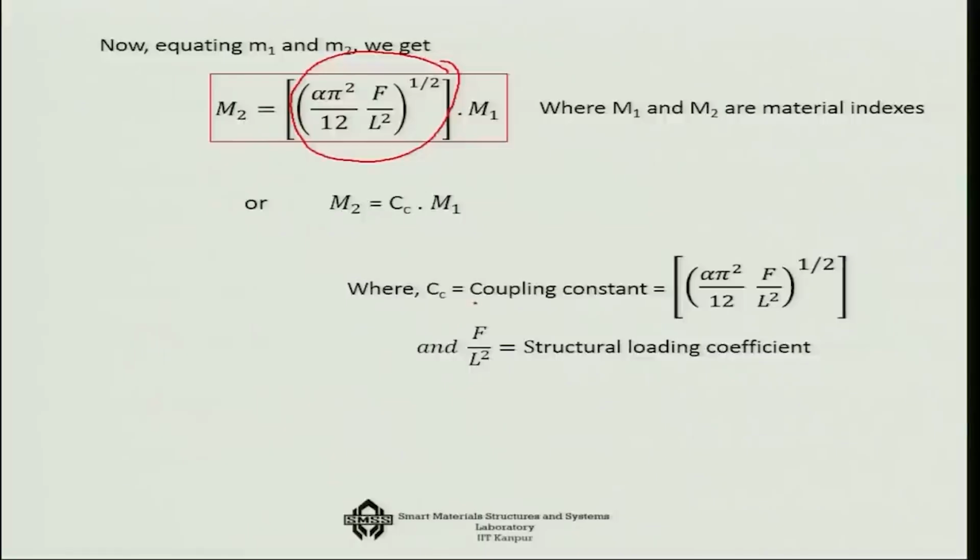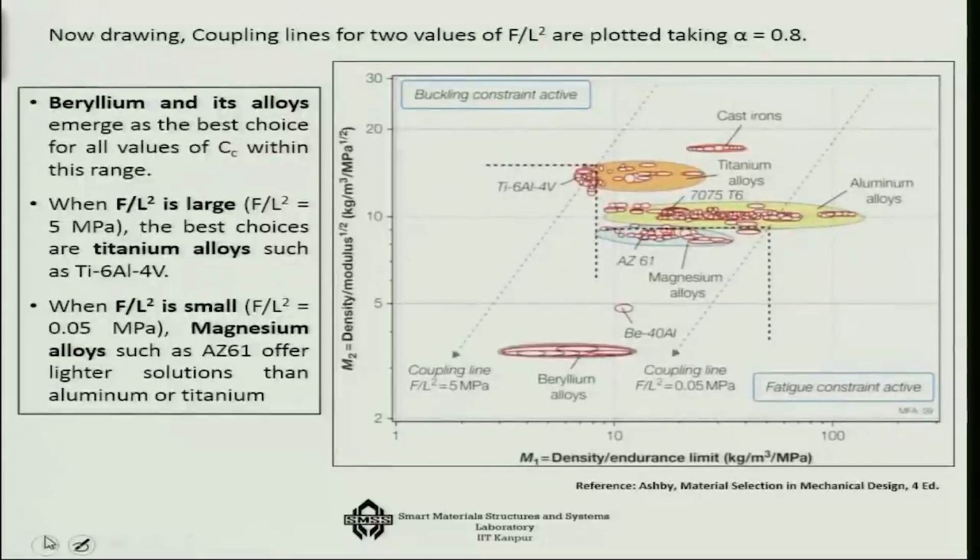Cc, that is the coupling constant. In the coupling constant, F by L square becomes a very critical term, which is the structural loading coefficient, and that actually comes from the pressure in the piston. So we can denote it in terms of MPa, and we can draw several lines, suppose F by L square equals 5 MPa, which is a high pressure line, or F by L square equals 0.05 MPa.